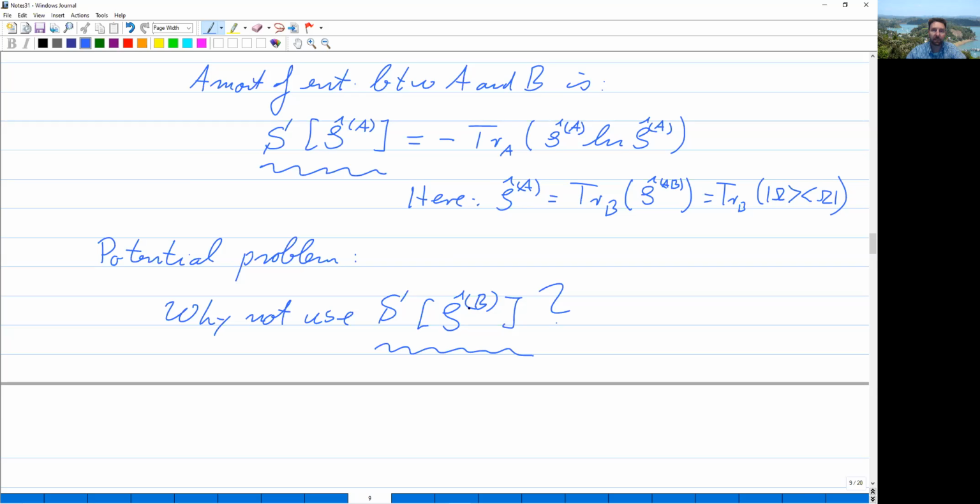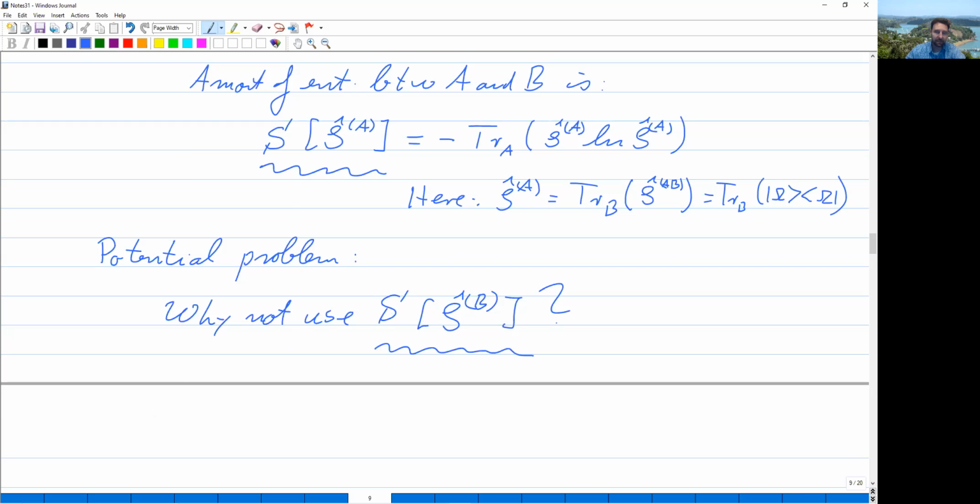This might be a density matrix acting on a Hilbert space of finite dimension. So why does it make sense to single out system A? Well, the answer is it doesn't make sense. You could as well single out the density matrix of system B, calculate its von Neumann entropy, and then declare it to be the entanglement entropy, and you would get the exact same number.